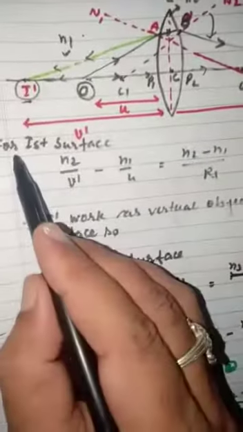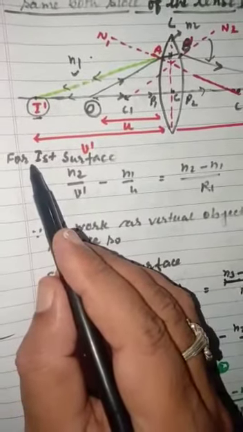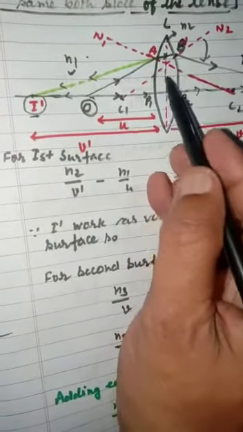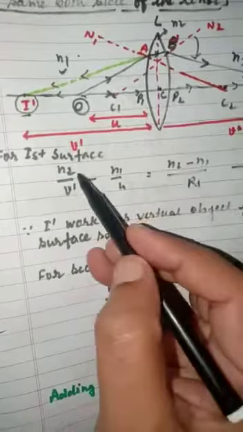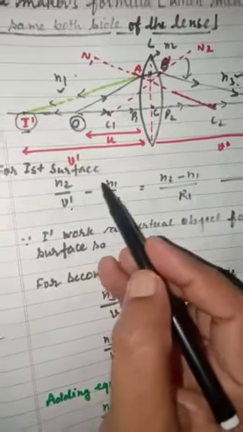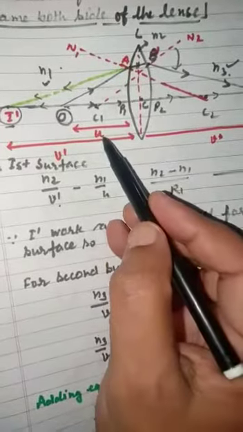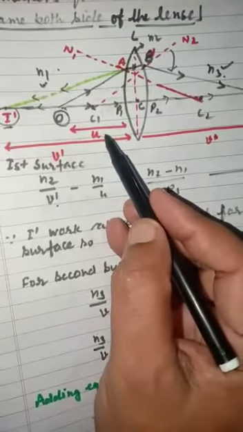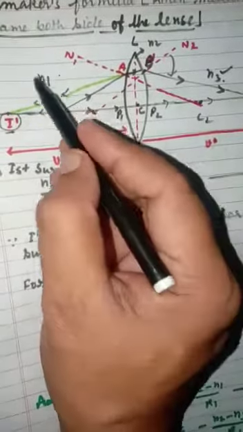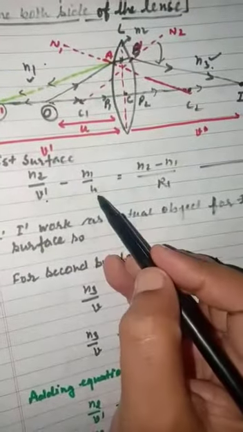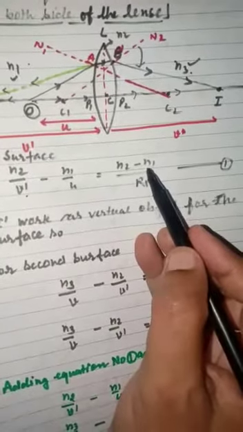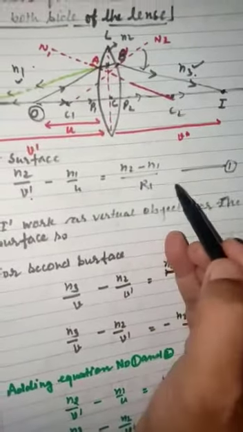So for the first surface, the image is obtained by the lens. N2 upon V dash, where the object is placed at u meter distance in medium N1. So N2 upon V dash minus N1 upon u is equal to N2 minus N1 upon R1.